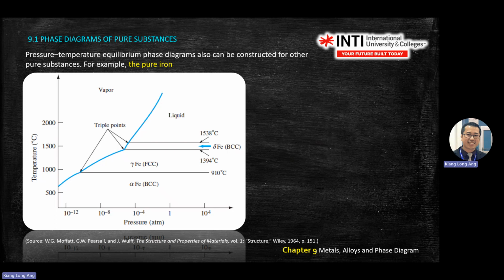Now, when you see this kind of diagram, the first thing is where is the triple point? You should be able to understand. The first thing you identify is where is my triple point. So in this case, you have 1, 2, 3.